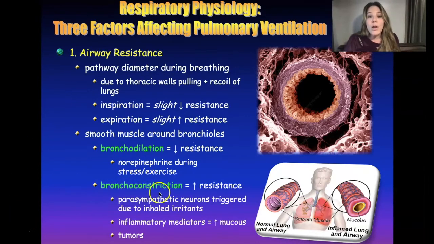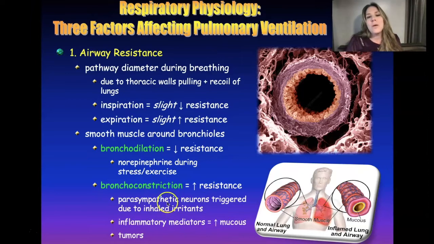During bronchoconstriction, there's increased resistance. Air is going to flow slower. This can happen, for example, during an inflammatory response, such as an asthma attack or an allergen. That can cause inflammatory mediators to be released, such as cytokines, which inflame everything and cause more mucus to be secreted. That mucus is going to increase the resistance and slow down the airflow.